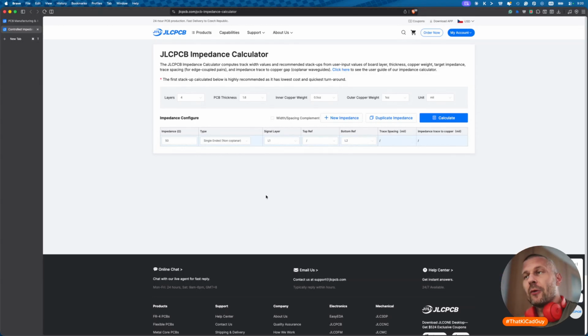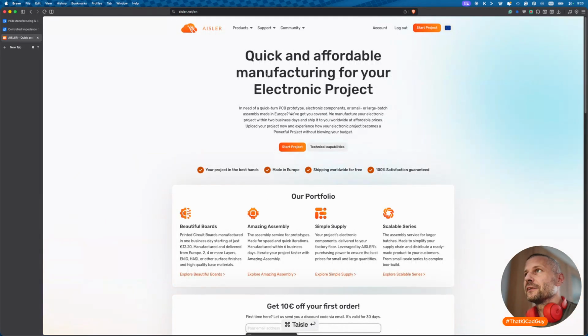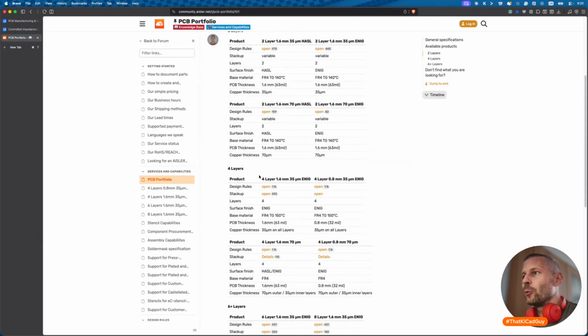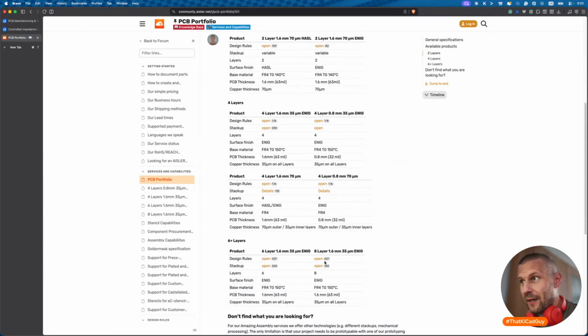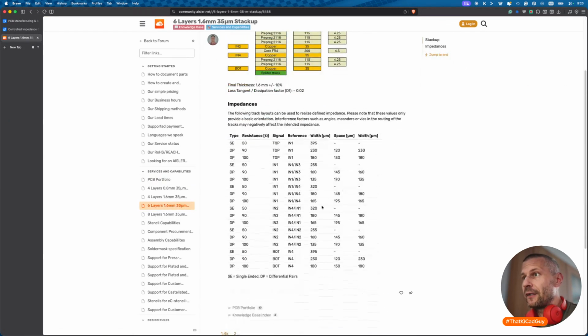if you use jlcpcb or iSlayer.net, you can get, for instance, here on iSlayer.net, you go to technical capabilities. You find your stack up, the 6-layer stack up. The stack up is here, open, numbers are here, and the recommended numbers are here. It took 20 seconds.